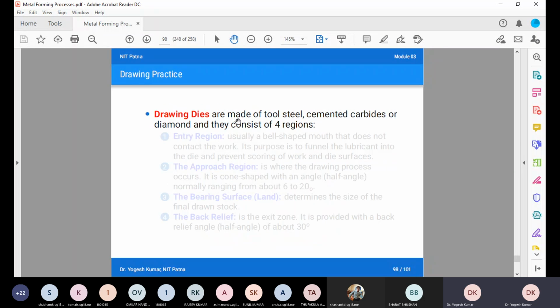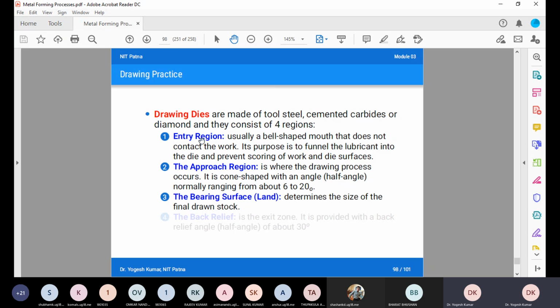We will try to understand what the major regions inside the drawing dies are. There are four major regions. In some books it is given as five, but for the deformation geometry, or from the study point of view, there are four major regions in the die.